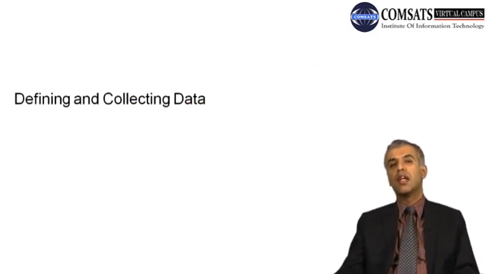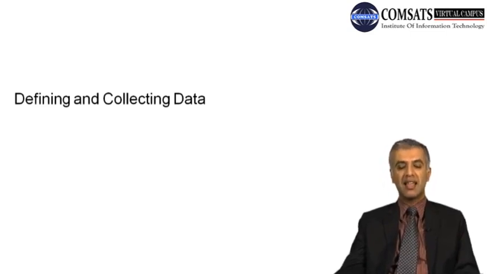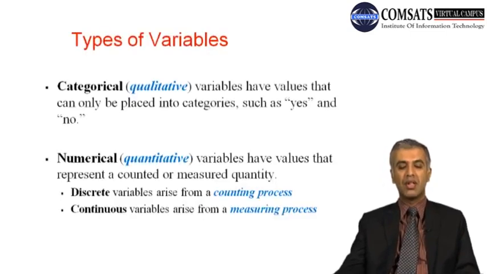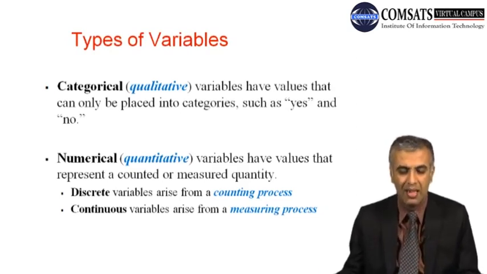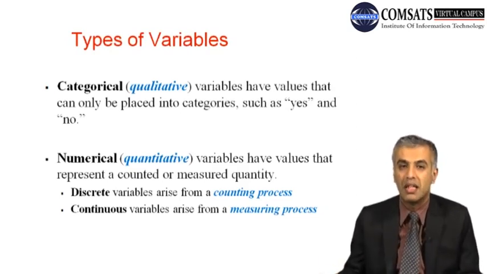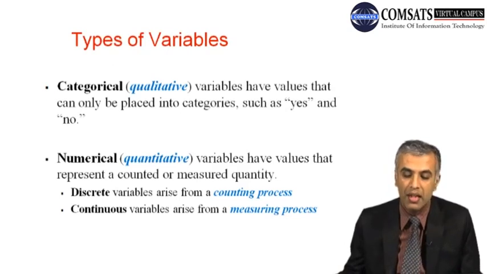We already know that data is information collected from various sources, and the definition and collection of data is the very first stage, from which we start moving towards better decisions. The very basics we discussed were two basic variables: one was the categorical variable, the other was the numerical variable.